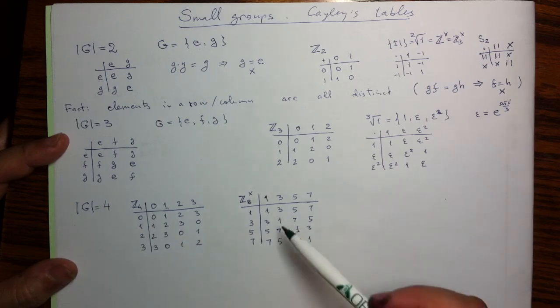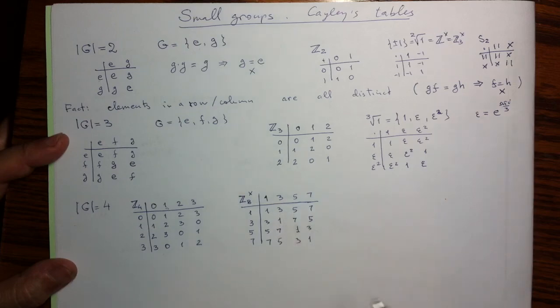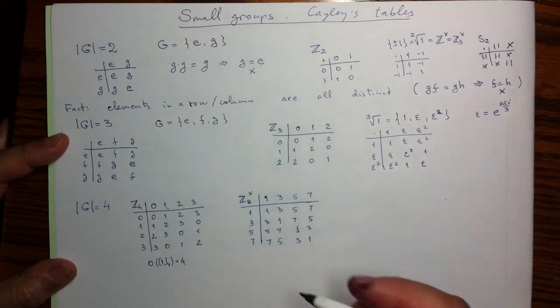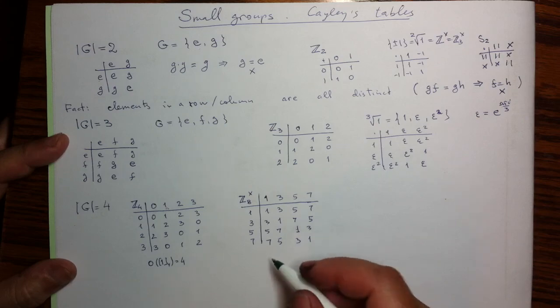In this case, the identity element is 1, and the order of 1 modulo 4 is 4, and that means the additive order, the cycling behavior under addition.